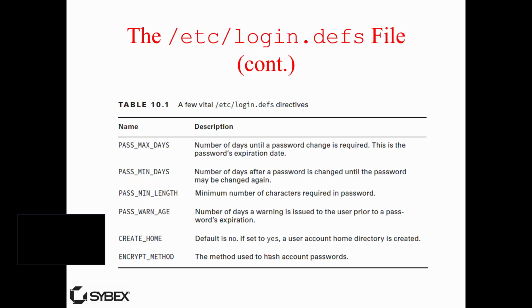So this is the login definition file. You can define some settings within this file, /etc/login.defs. And then when you create a new user, the user account follows these settings.